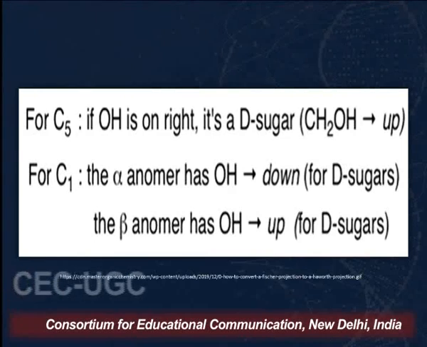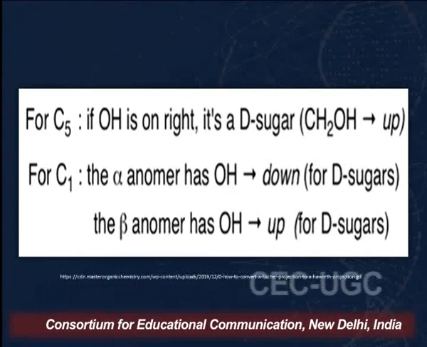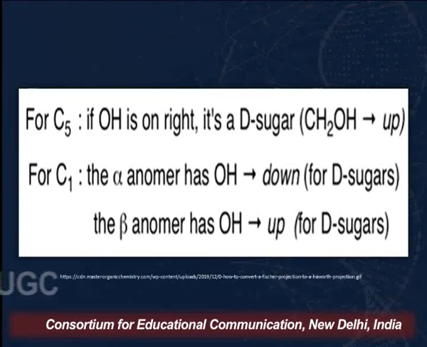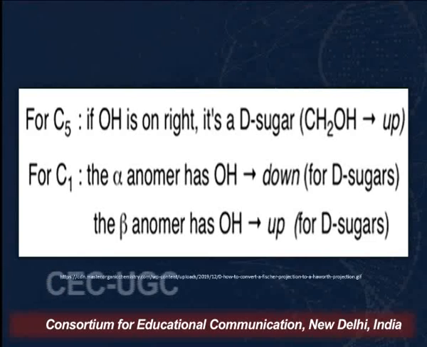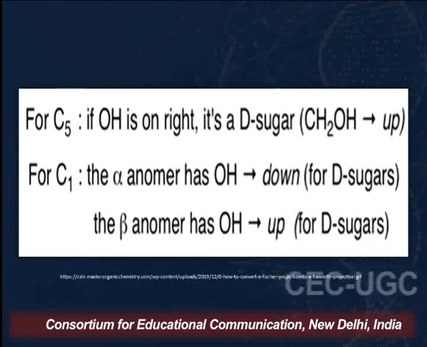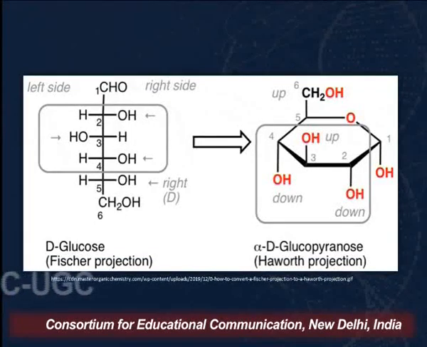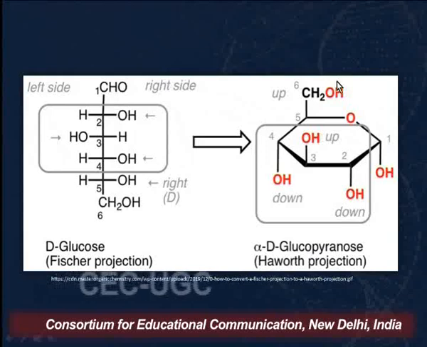And then how will we differentiate between the alpha anomer and the beta anomer? In the alpha anomer, the OH will go down for D sugars, and in the beta anomer, the OH will be facing up, right?